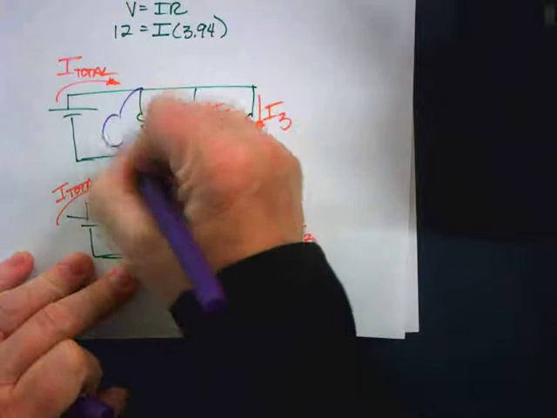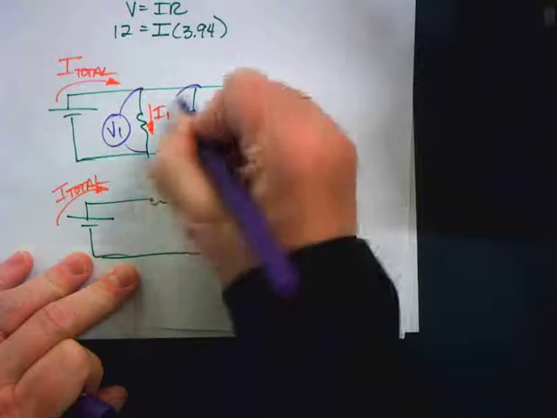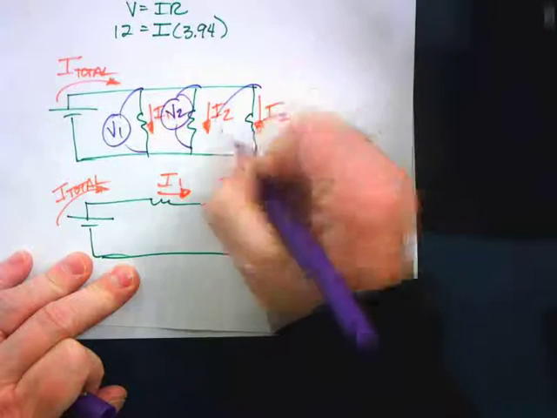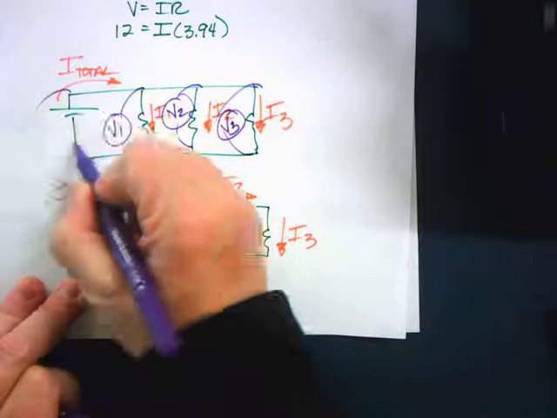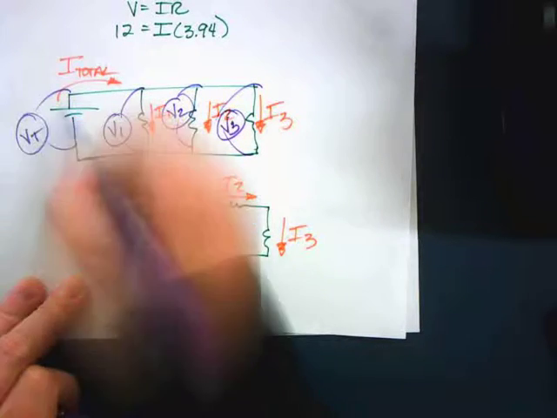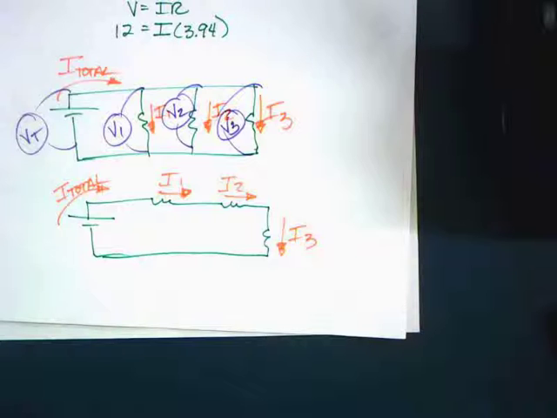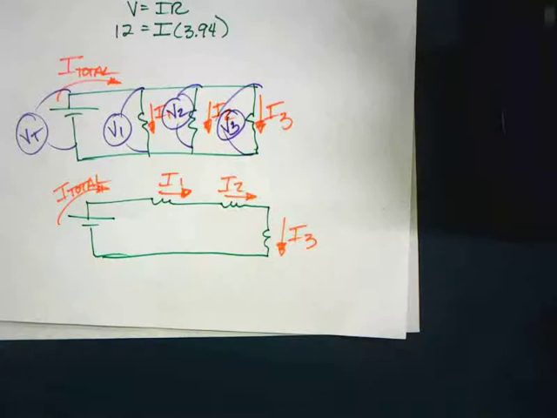How about voltage now for these guys? This is V1, V2, V3, and V total. What's the relationship between V total, V1, V2, and V3? Same?